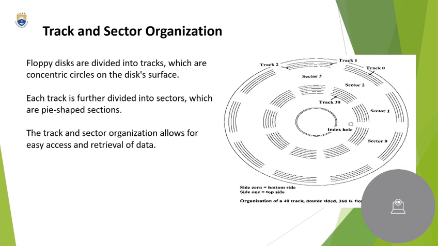As you observe the image, you can understand more easily how the track and sector organization works. We have up to 39 tracks in this disk. Side 0 is the bottom side, and side 1 is the top side.